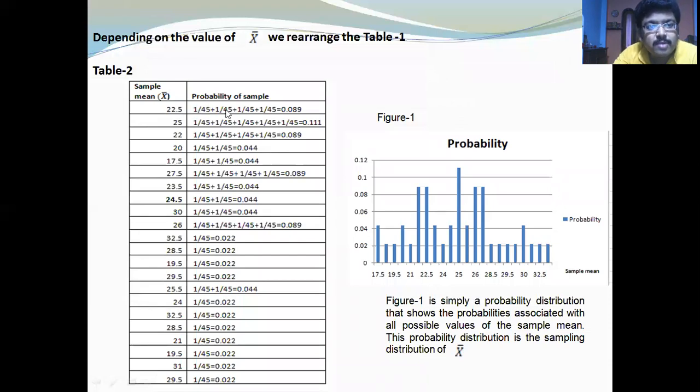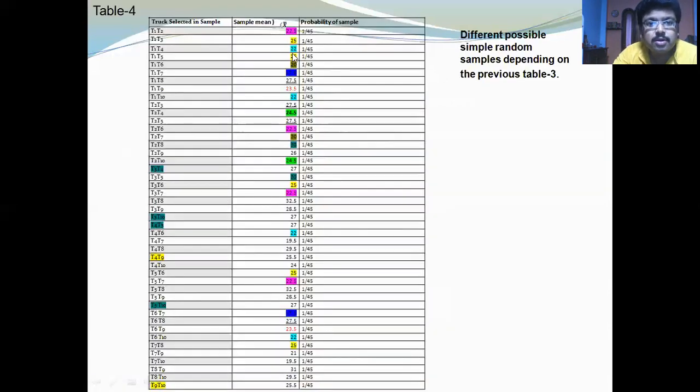probabilities: 1/45 plus 1/45 plus 1/45 plus 1/45 is equal to 0.089. So here again 25, 1, 2, 3, 4, 5. Five 25s are there. So the probability is the summation of five 1/45s.